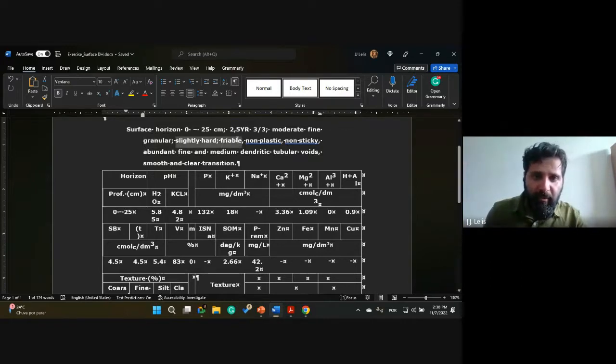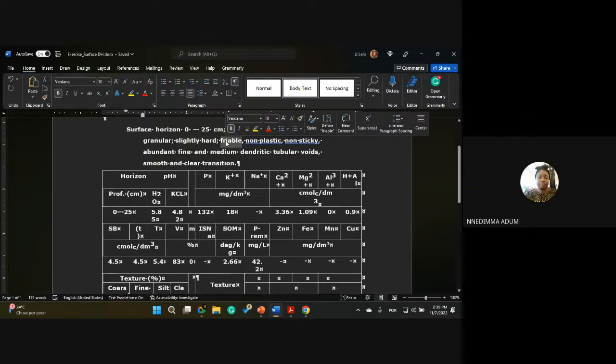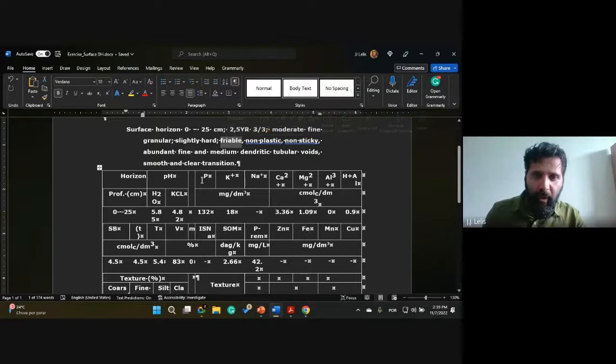The consistency of the material is slightly hard when dry, friable when moist, and non-plastic and non-sticky when wet, okay?